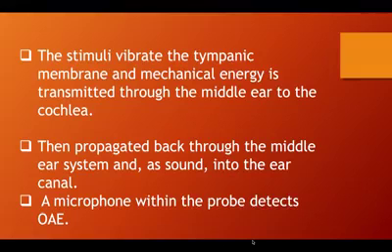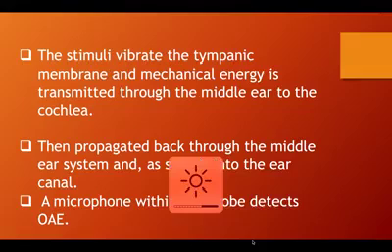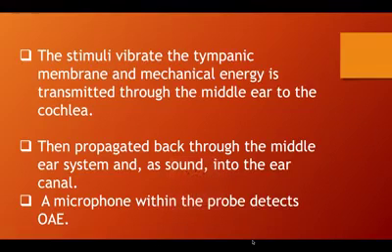The stimuli vibrate the tympanic membrane, and mechanical energy is transmitted through the middle ear to the cochlea, then propagated back through the middle ear system and out as sound into the ear canal.